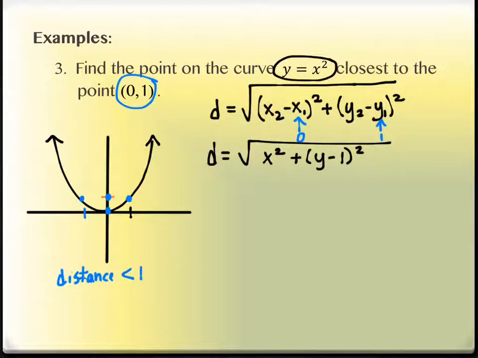Y is equal to x squared. So in this equation that I've got for distance right here, I know that the y value is the same as an x squared value. So I'm going to substitute it, like Allison suggested, into the equation for y. So now I have the x squared at the beginning, plus, and now I have x squared minus 1 squared.